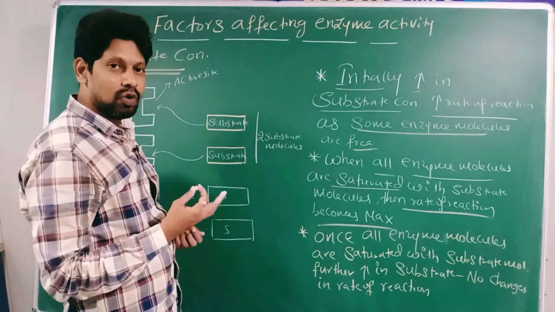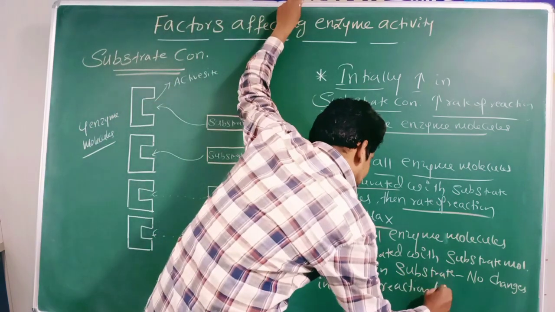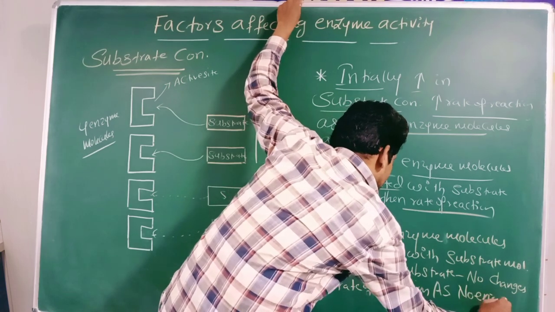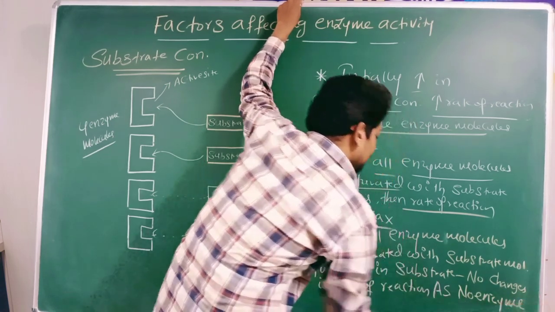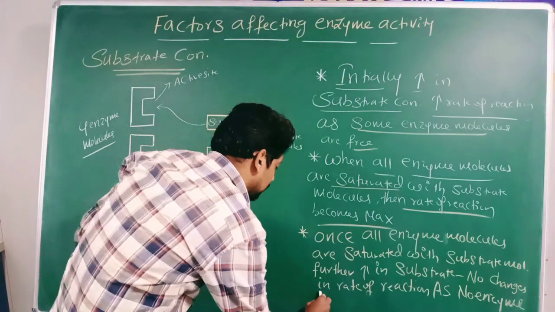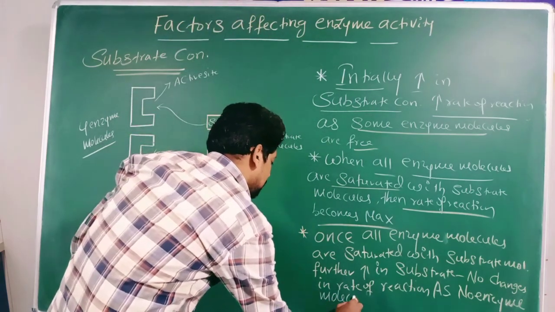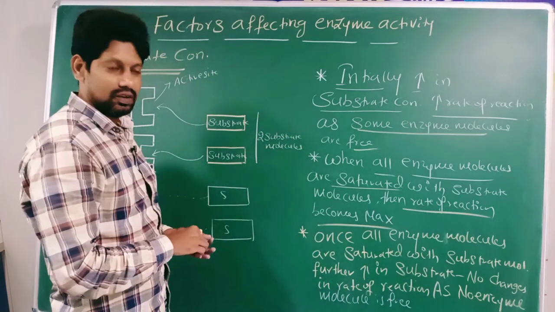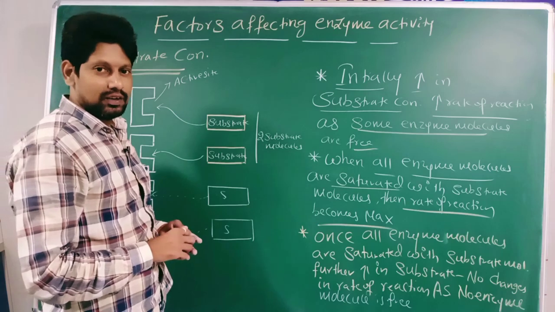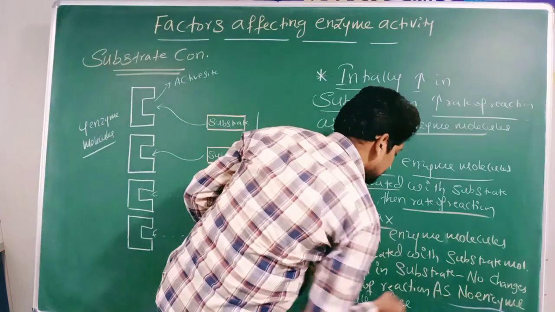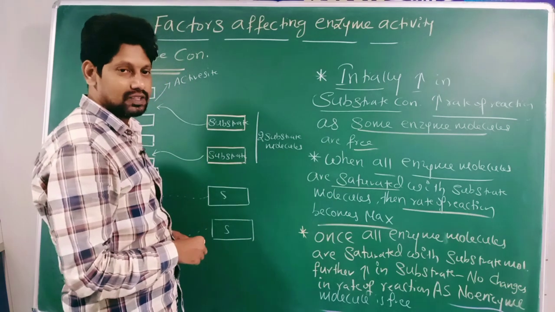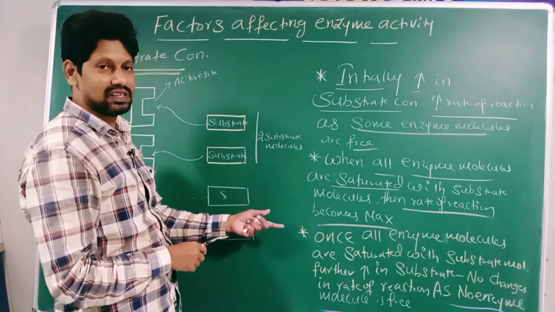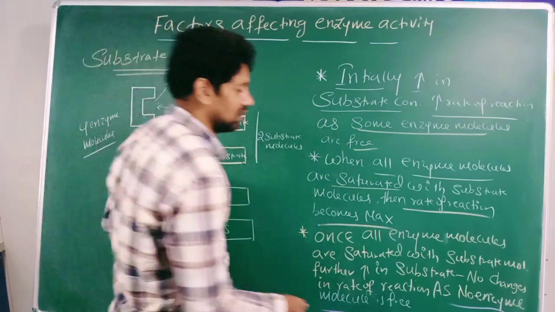Why, sir? As no enzyme molecule is free. This statement is important. Therefore, as no enzyme molecule is free, even though you increase the substrate concentration, there will be no change in the rate of the reaction.